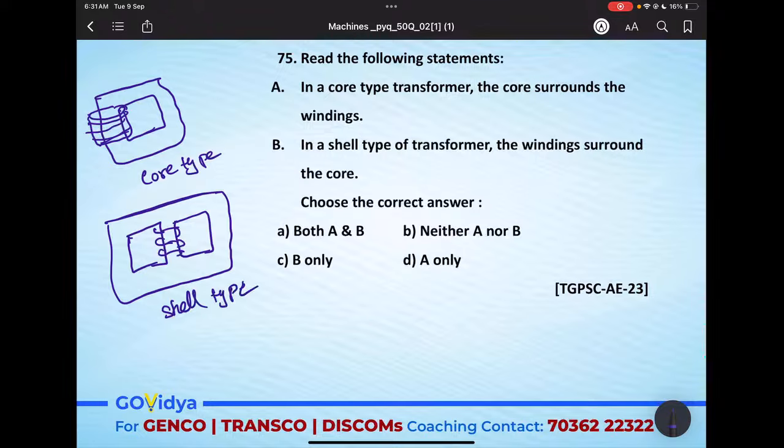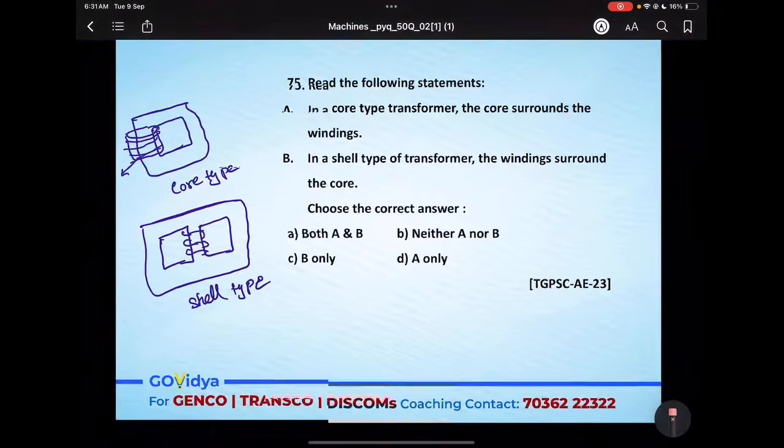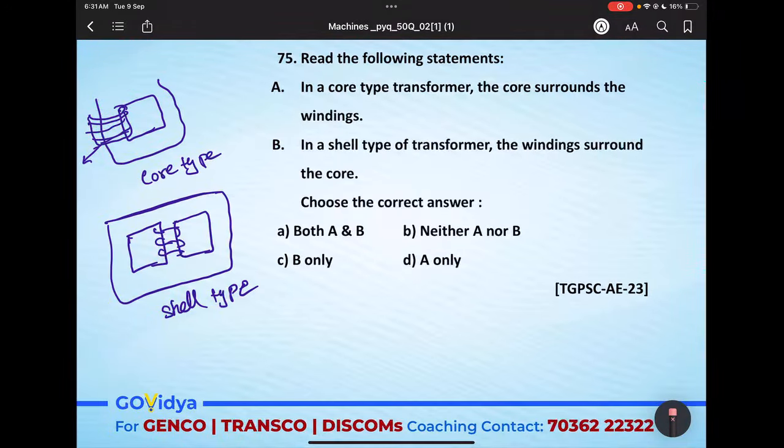If you see the physical arrangement of a transformer, in core type transformer, the winding is surrounded by core.